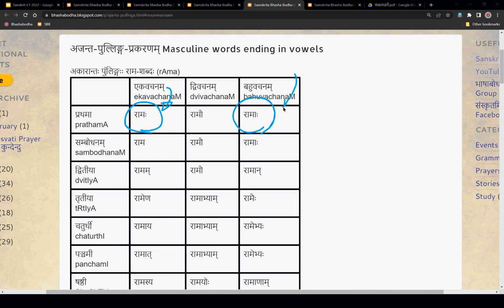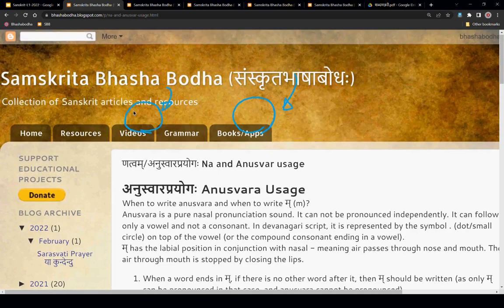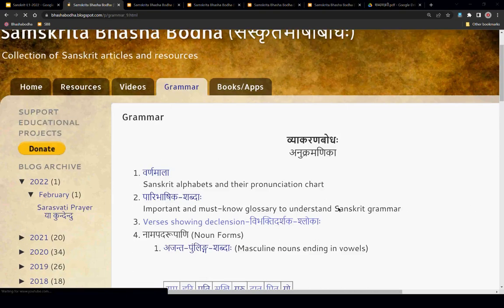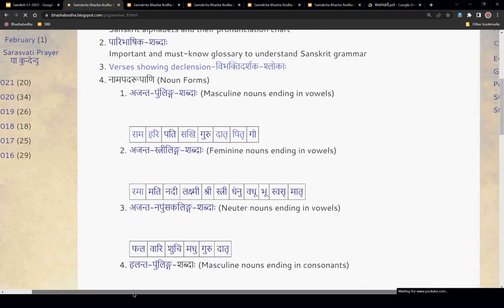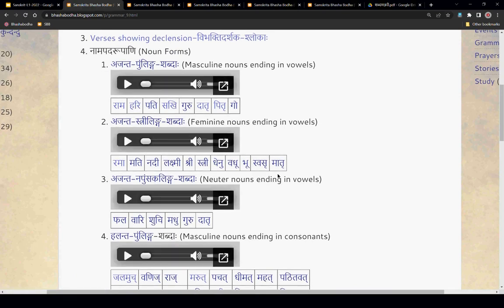If the ekavachana pattern is the same, the bahuvachana pattern will be the same. If the ekavachana pattern is different, the bahuvachana pattern will be different. Right now we are using only those words which conform to these patterns, only certain limited patterns. So just focus on these tables first. If you go back to this entire list, Rama, Hari, Pati, Sakhi, they each have a different pattern.